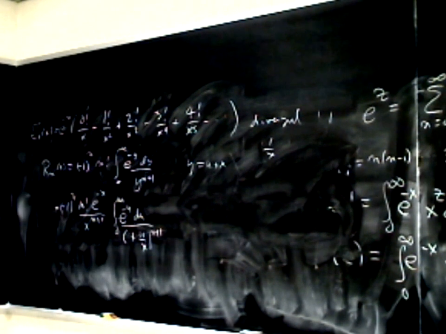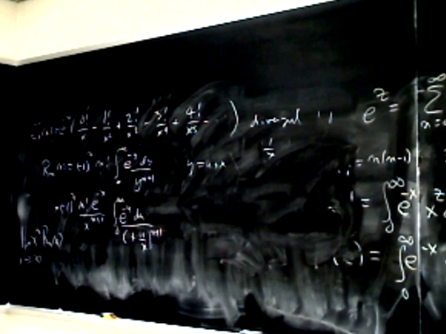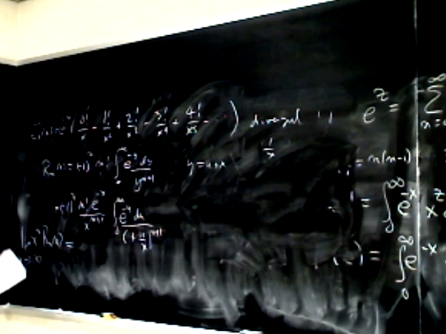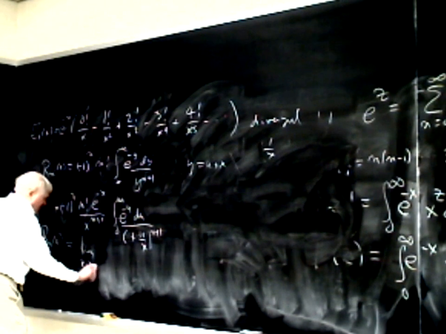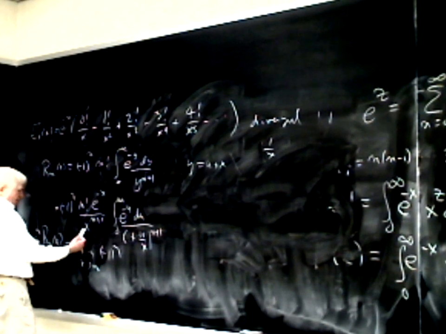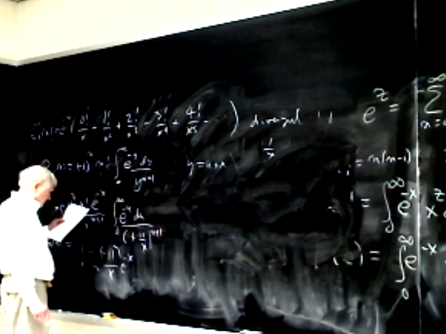Now if you take the limit of x to the n times R n of x as x goes to infinity, so this is x to the n times how much it's off, that turns out to be the limit as x goes to infinity of minus 1 to the n, with just 1 over x left over, and then an e to the minus x.